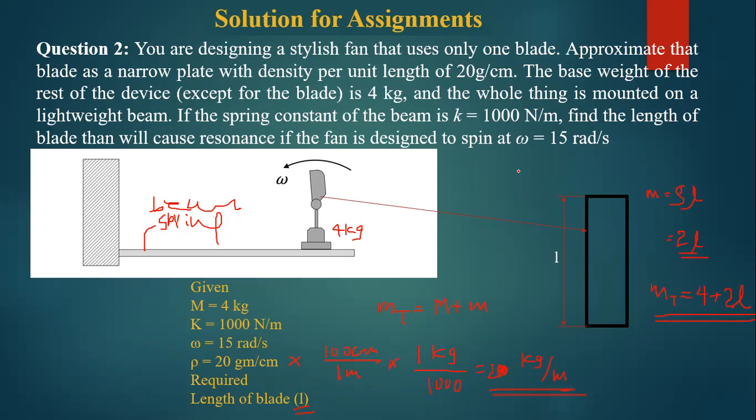Now the natural frequency of this system, omega n, is equal to the square root of K over MT. K is already known, 1,000. So 1,000 over MT, which is 4 plus 2L.